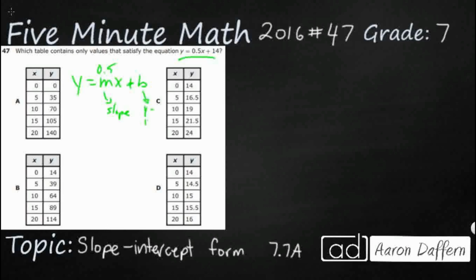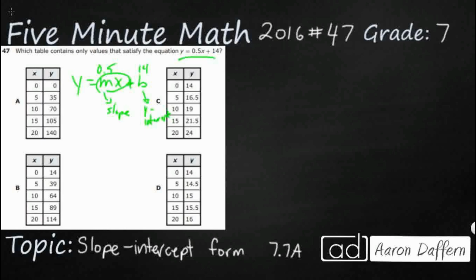So if our x is 0, there's no slope right there. Where does it cross the y-axis? It would cross the y-axis at 14. So it's going to be a shallow slope moving up to the right, but it's going to cross very high up at y equals 14.